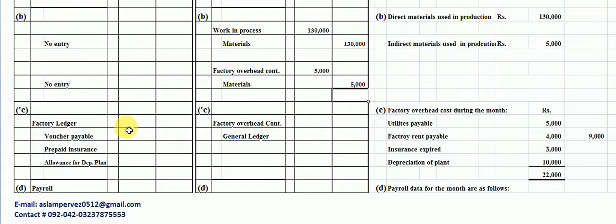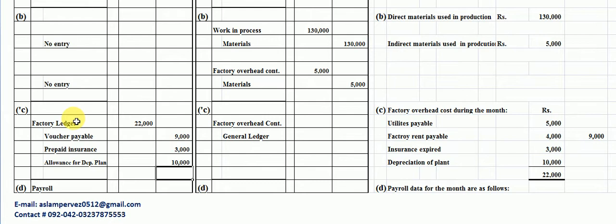Now students, the entry is passed in this manner: factory ledger is debited at the sum of 22,000 rupees, and voucher payable is 9,000 rupees, prepaid insurance expired 3,000 rupees, and depreciation of plant is 10,000 rupees here. Student, these are the entries which have been passed against the factory overhead cost during the month.